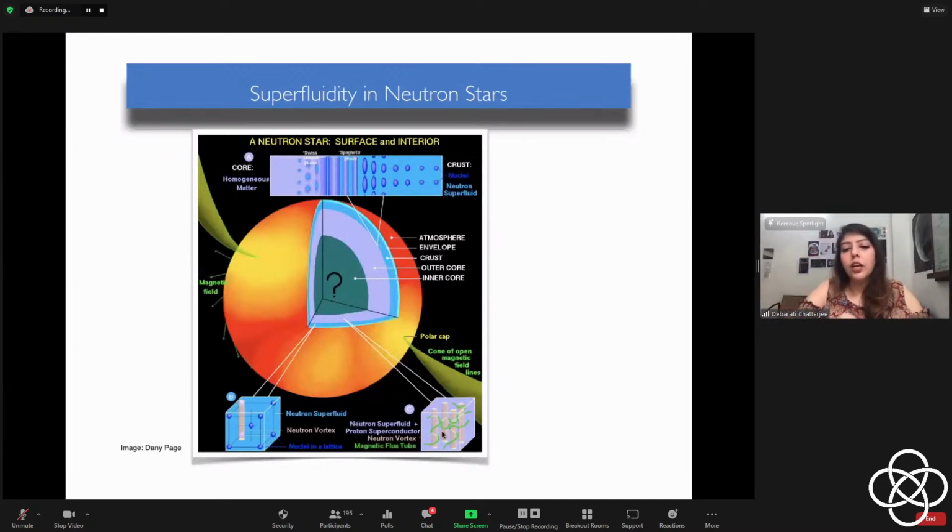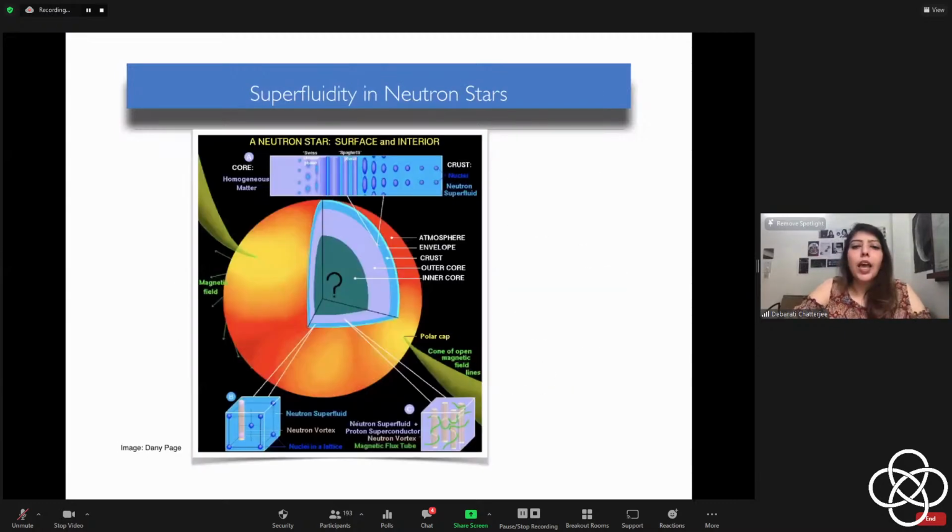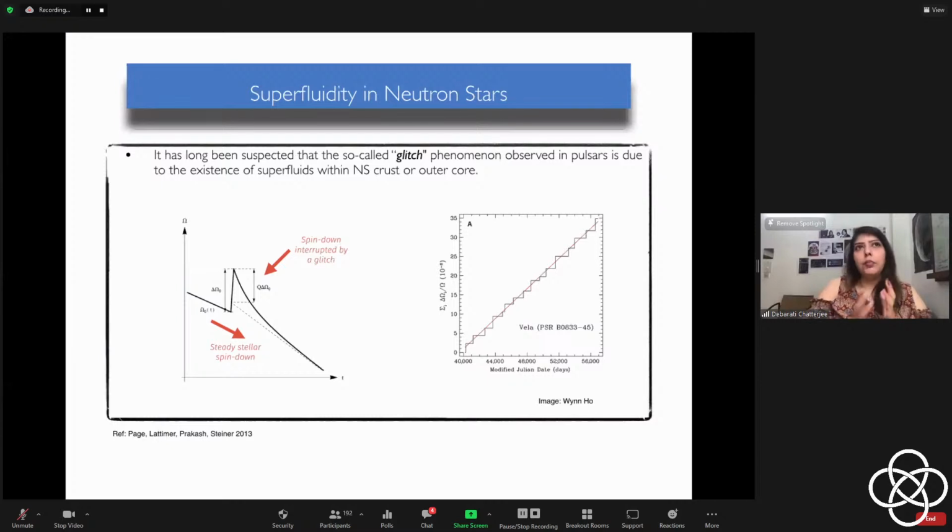So when you have charged superconductors set into rotation, you have flux tubes. There is all this complex physics from superfluidity, and this is also something we learned about from laboratory experiments, right? And now, how do we again measure it from observations?